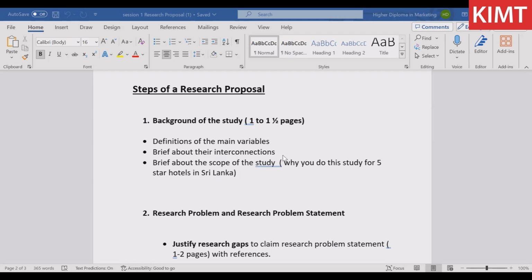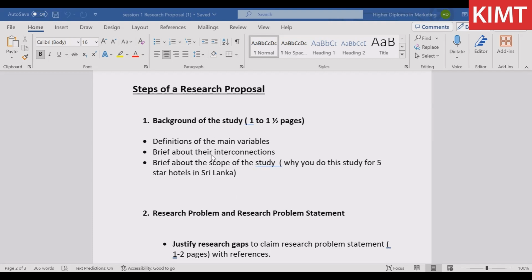Let me give an example: employee motivation and job performance of employees in garment factories in Dubai. That is your topic. In the background, you are not supposed to write about the garment industry.